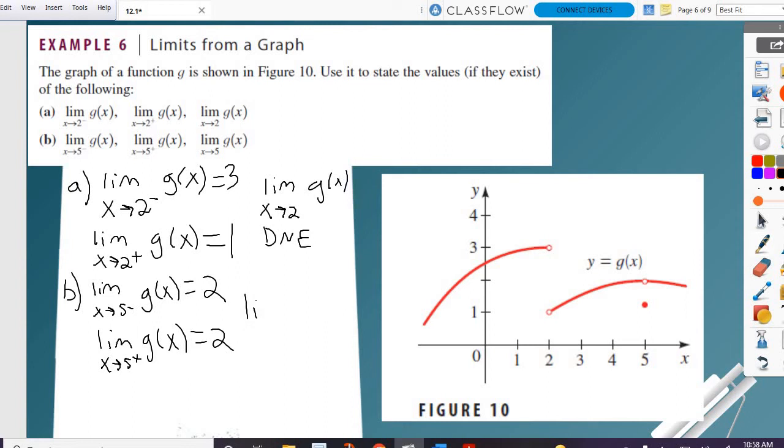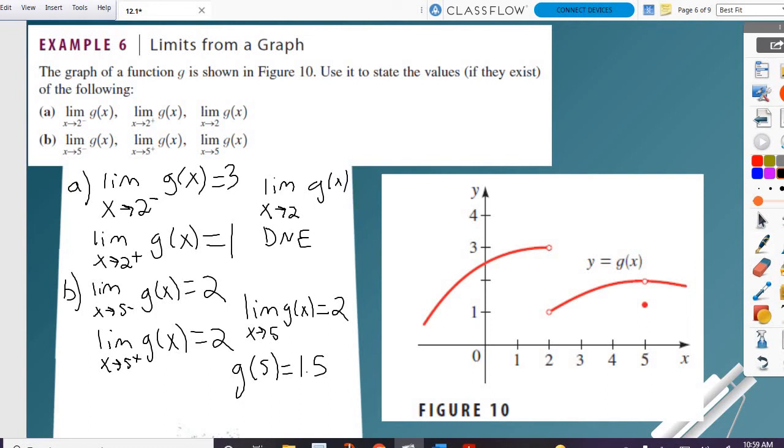Which means that this time we can find the overall limit, and it equals 2. Now, what is g of 5? It's about 1.5, so the dot gives me my actual value. The value at 5 is 1.5.